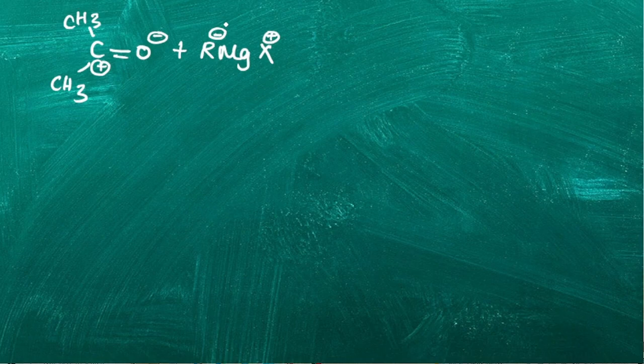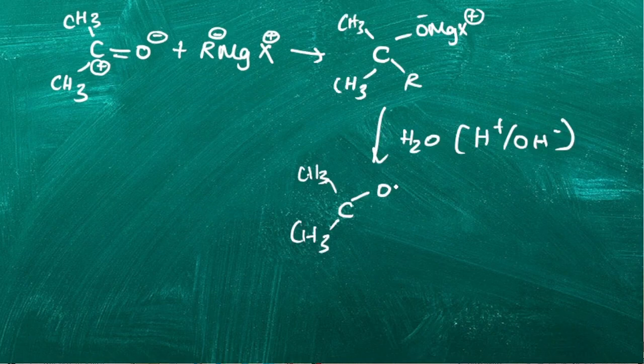So again reacting it with water, what happens? H plus and OH minus, it is going to split into. Now what happens? H is going to go and attach over there. So CH3, CH3, now here it is going to be O, H and R. So this is tertiary, correct?